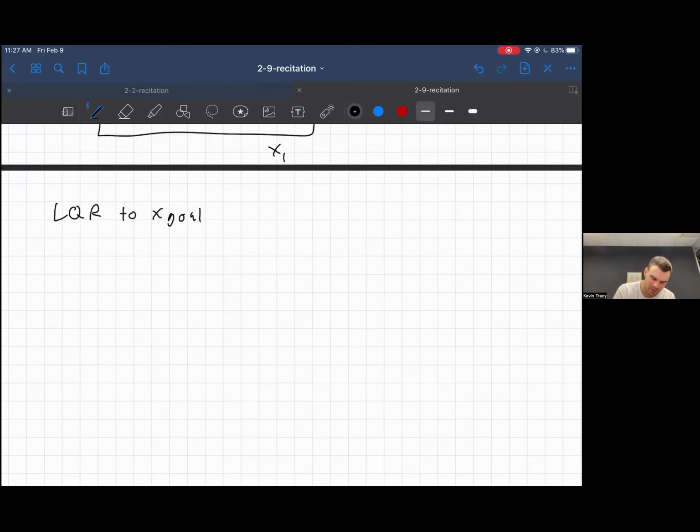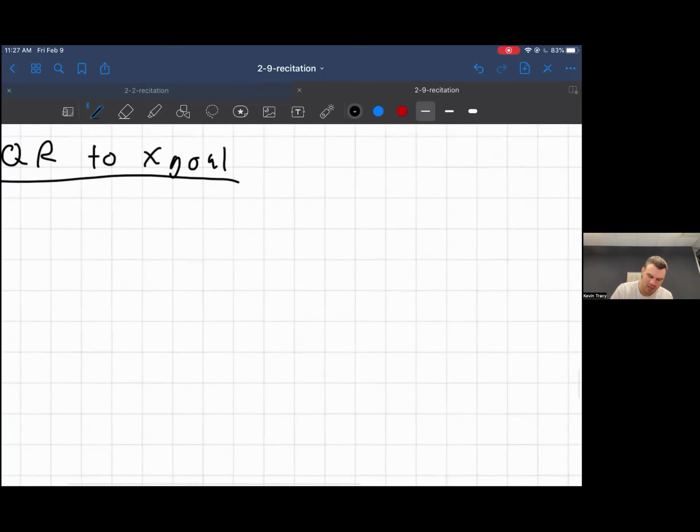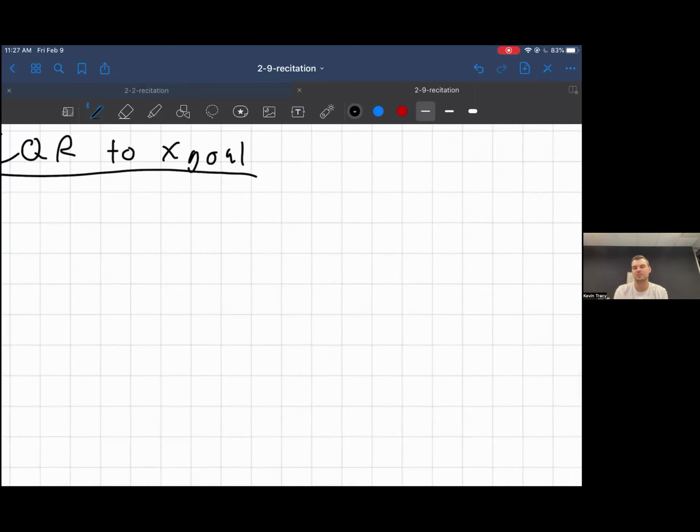So let's talk about when we want to change these coordinates, if you will, to drive it to a separate goal. If I have cruise control on my car, I want to set it at 65, or set it at 75, set it at 50. I can set a desired speed.